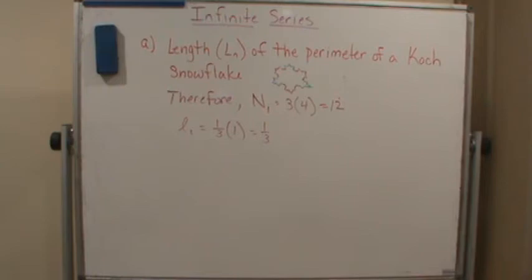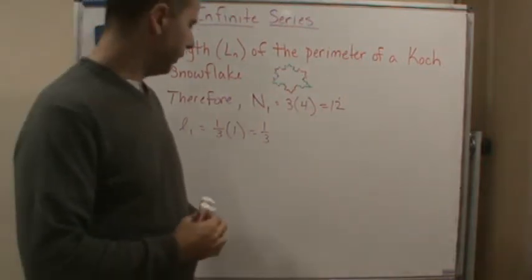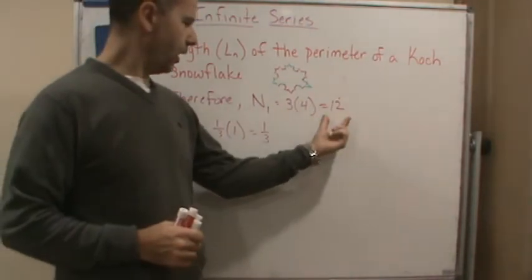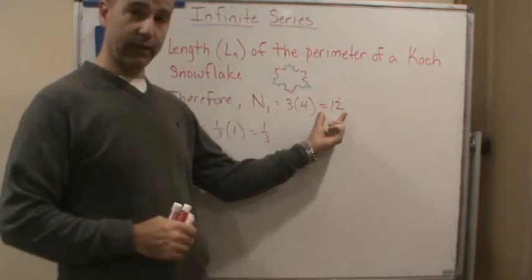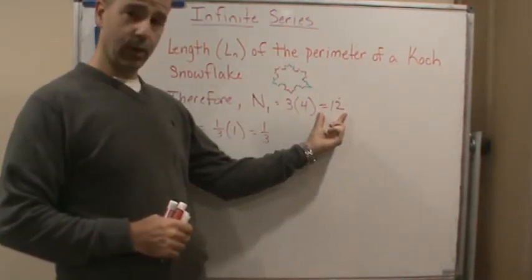So for F2, since the middle third of each side of F1 is removed and replaced with 2 line segments, the number of sides is given by what? Well, again, we're replacing each side, we're removing 1/3. Okay, so again, just like in N1, we've got 12, but now we're replacing each one of these 12 sides, right?